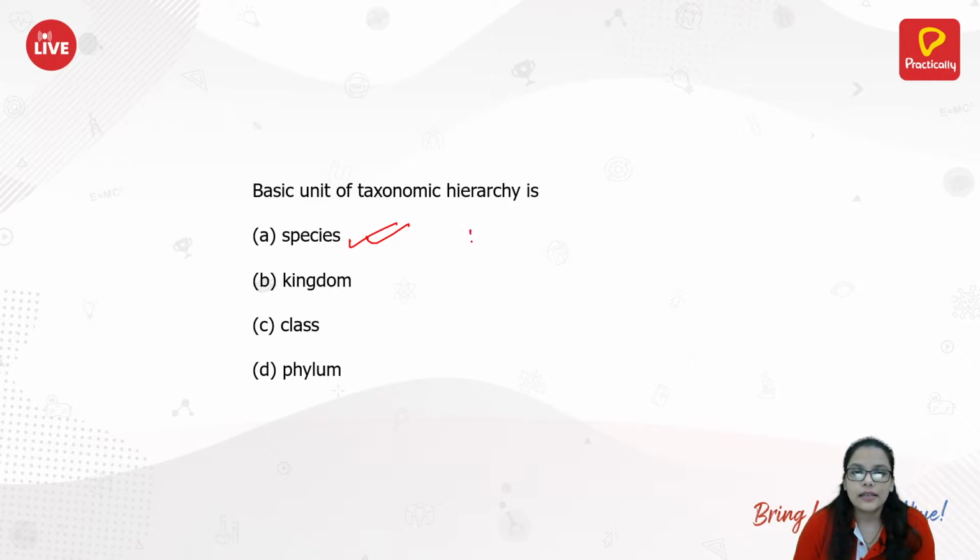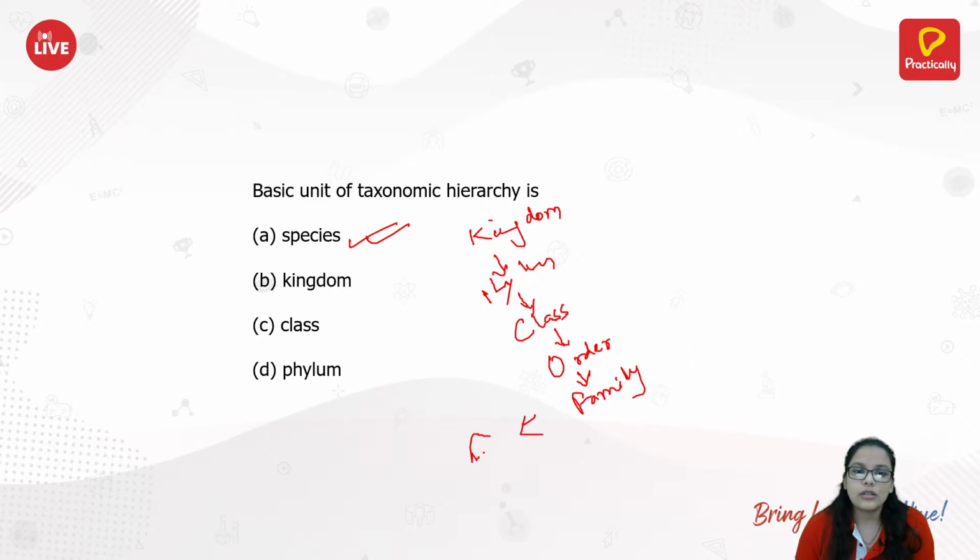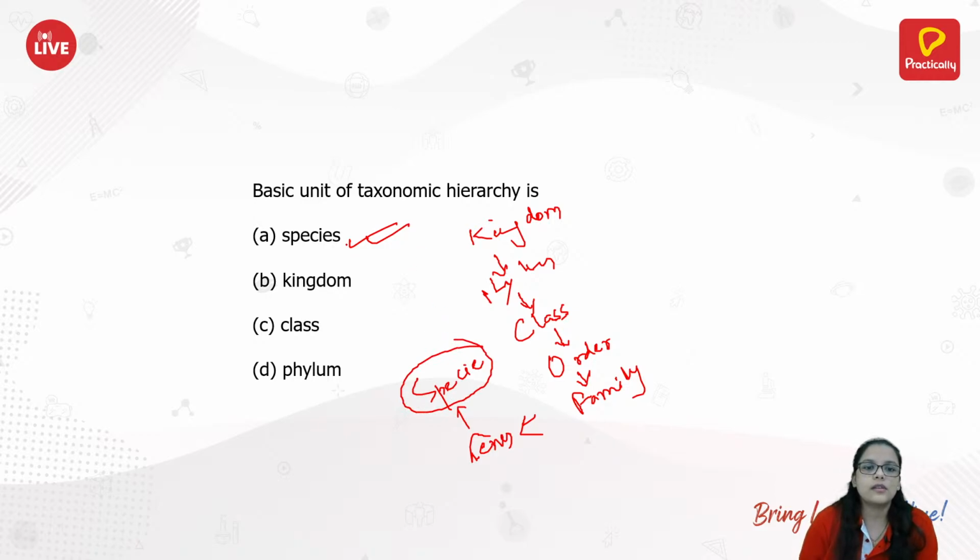As I said, kingdom, phylum, class, order, family, genus, species. So the basic unit is species. This is the highest, this is in the middle, this is after that. So the answer is species.